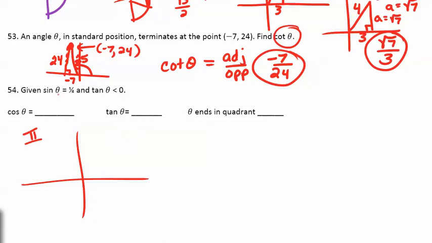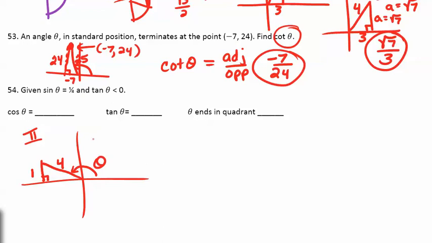So we want to draw an angle that has a sine value of 1/4. How should we do that? Sine is opposite leg over hypotenuse, so I could draw a triangle that has a vertical leg of 1 and a hypotenuse of 4. So do I now have an angle that has a sine of 1/4?